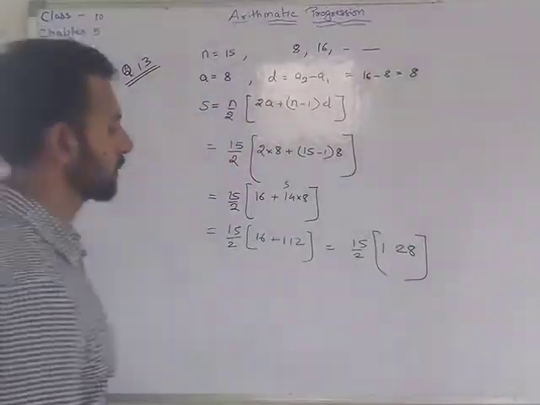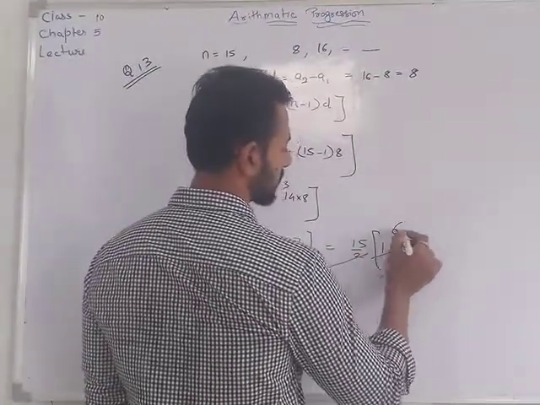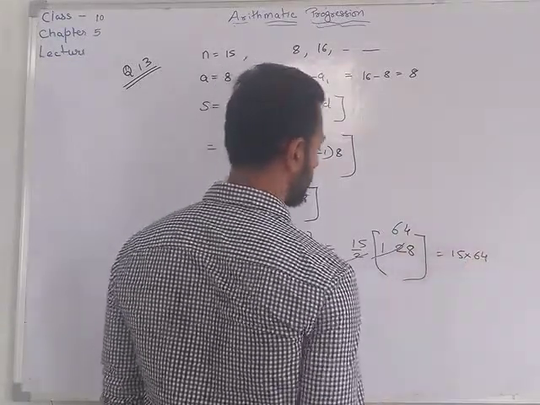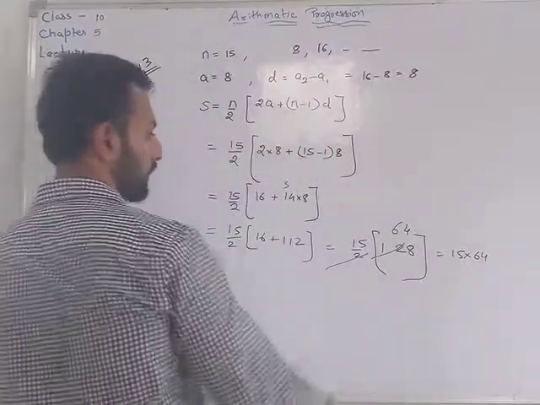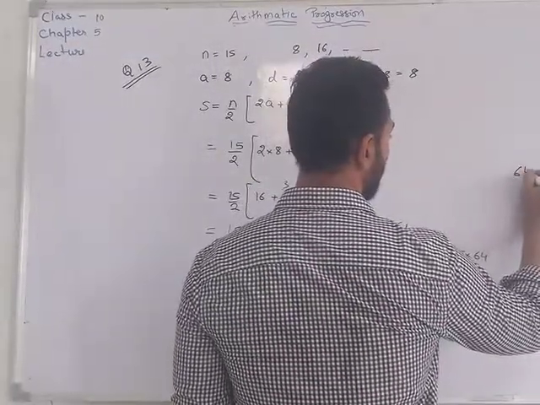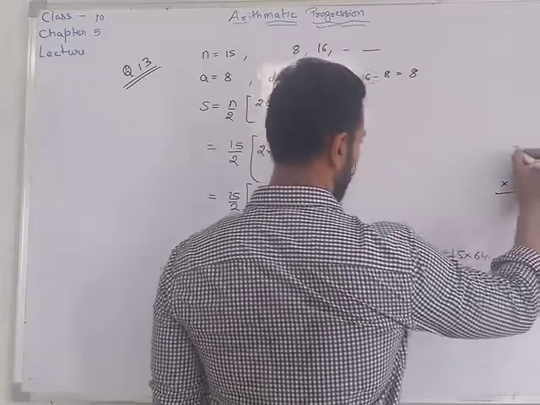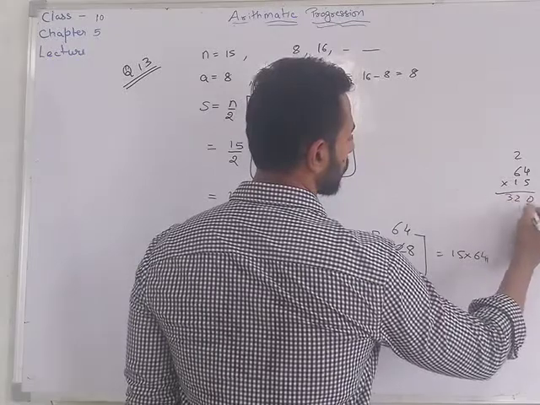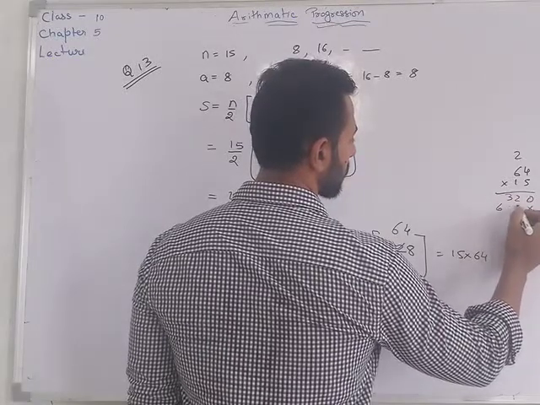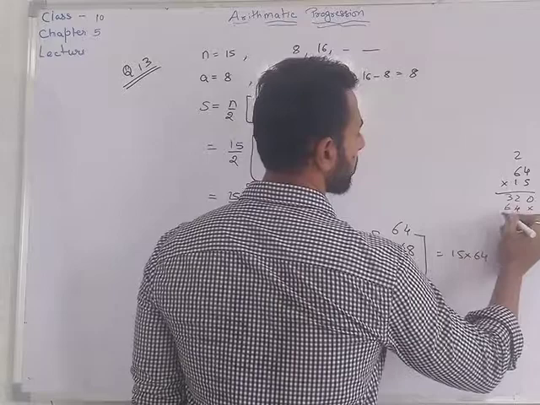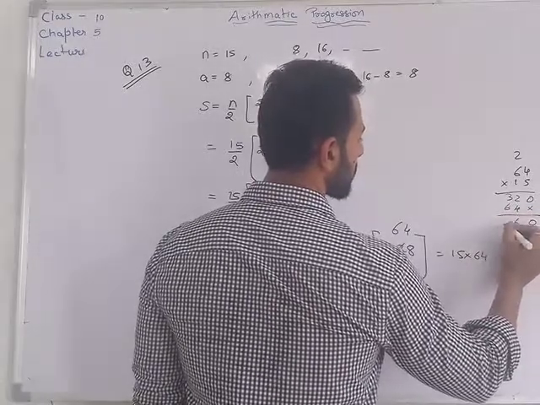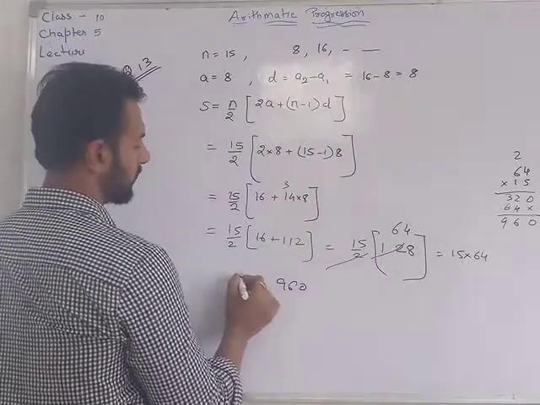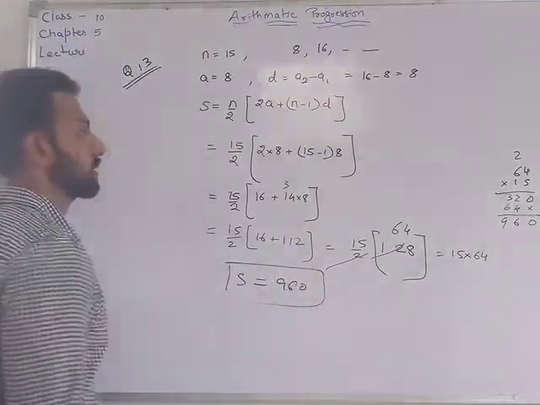Further solving this, 2 will get cancelled out. 15 into 64. 5 4s are 20, 6 5s are 30, 2, 64. So this will be 960. So the sum will be 960.